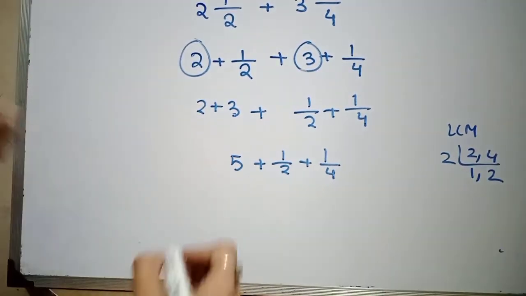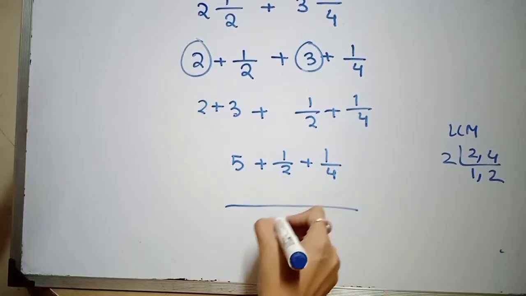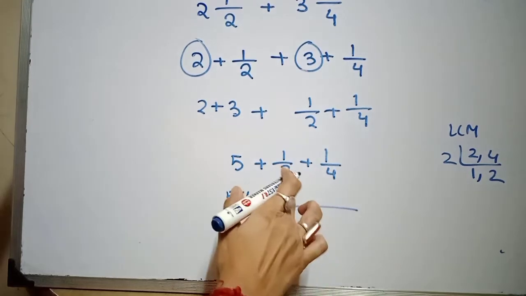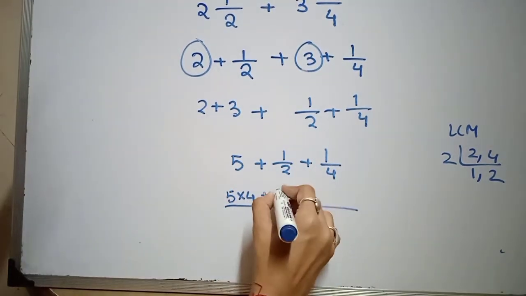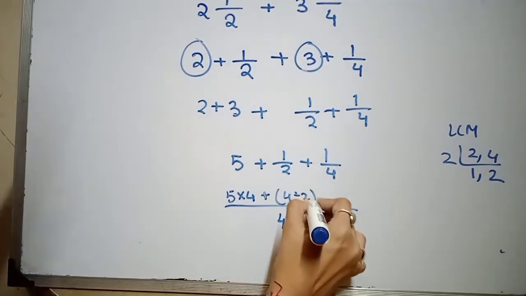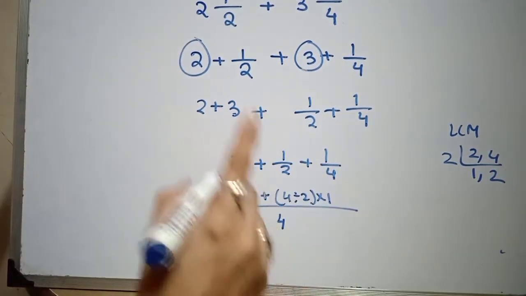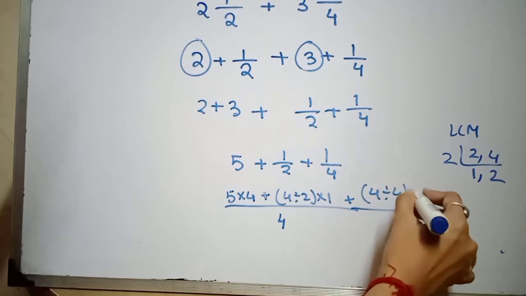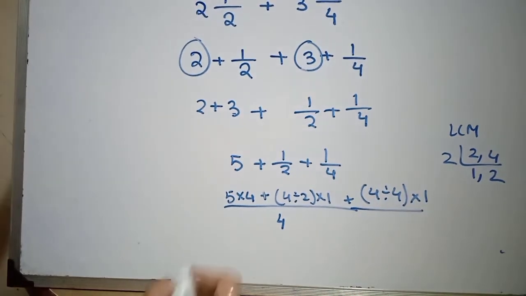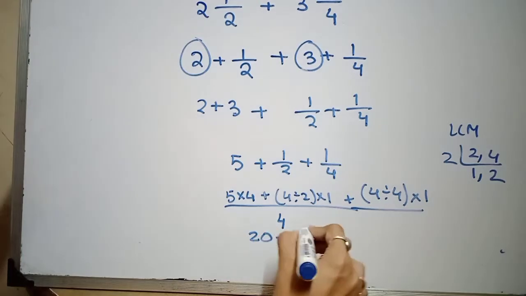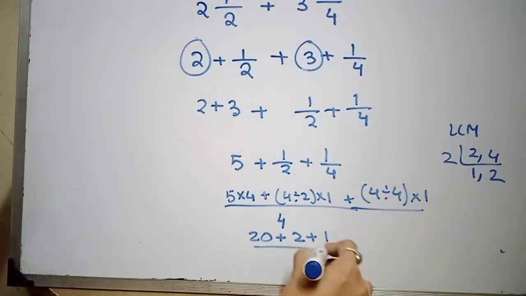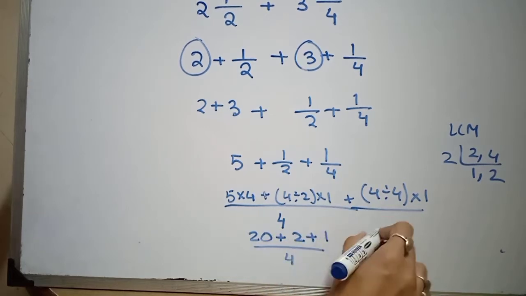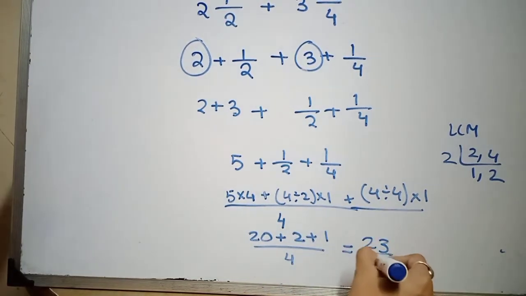The LCM will be 4, so I will write 4 here. 5 will be multiplied by 4. Then 4 divided by 2 is 2, into 1 in the numerator. Next, 4 divided by 4 is 1, and there is 1 in the numerator. So this will be 20 plus 2 plus 1 divided by 4, that is 20 plus 2, 22, plus 1, that is 23 by 4.